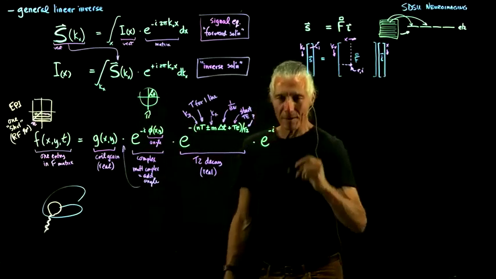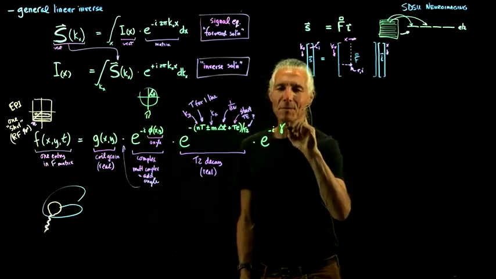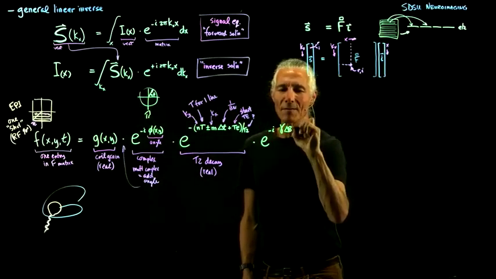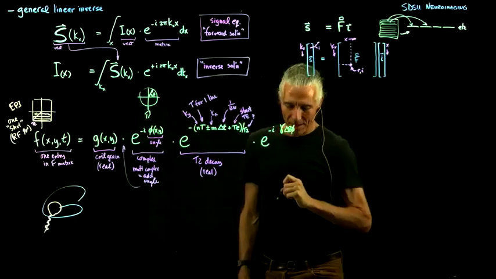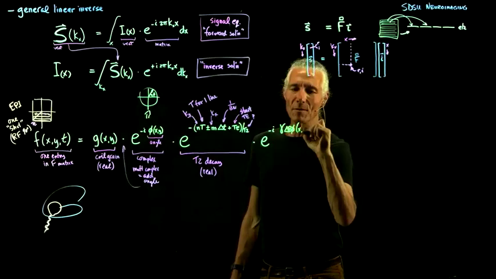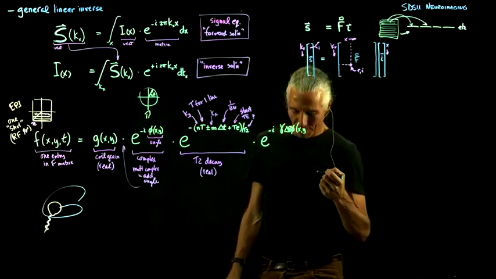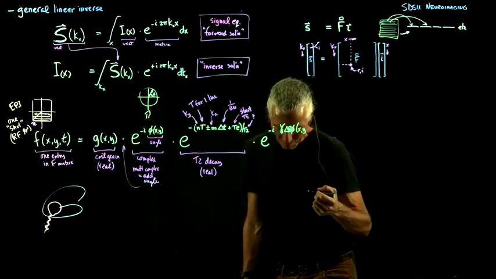Well, there's the gyromagnetic ratio times whatever the delta B0 offset is, and that's going to be a function of where you are in the brain, because different parts of the brain have different B0 offsets.